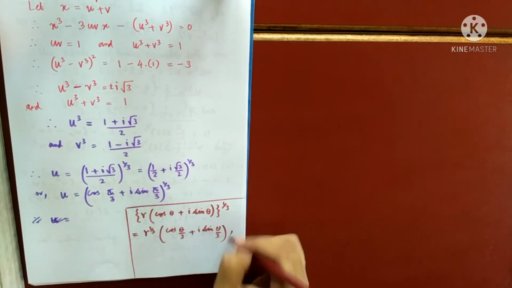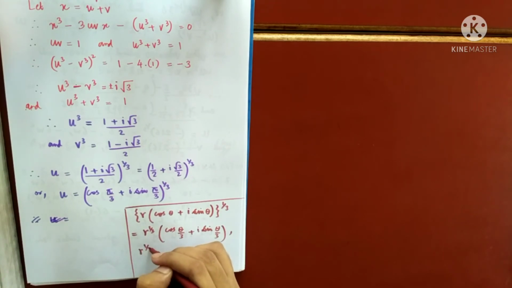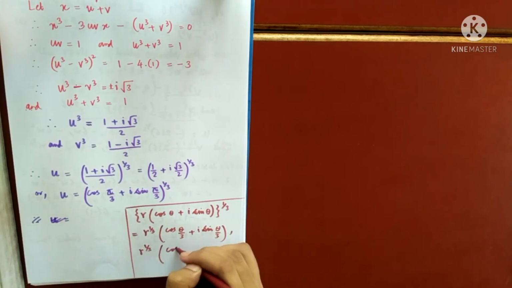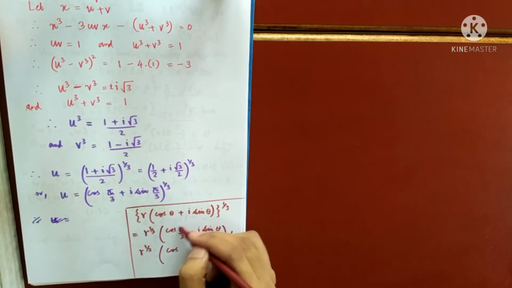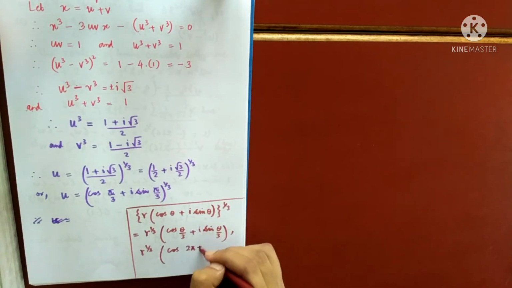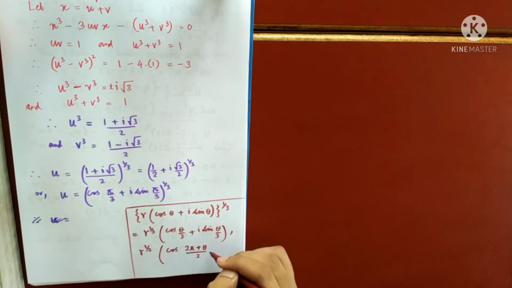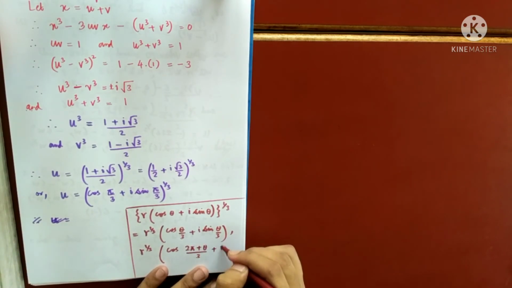This will go inside, comma. The second one will be r to the power 1/3 cos of, what you do, you just add 2 pi here. That means 2 pi plus theta by 3, you have to add 2k pi in simple words.